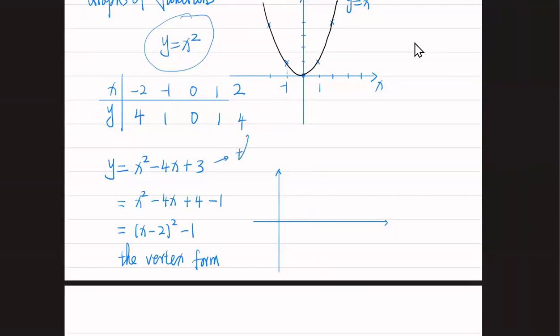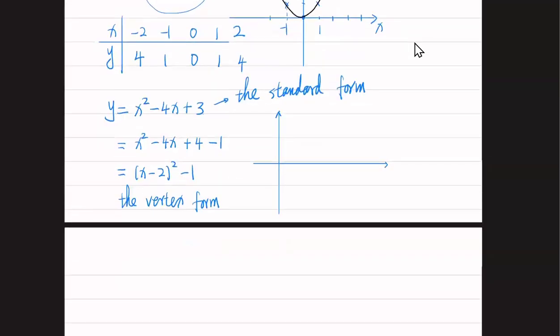And this is the standard form. Why is it called the vertex form? It means we can find a point. This gives us a point, the vertex.